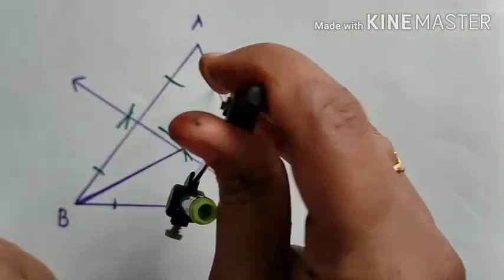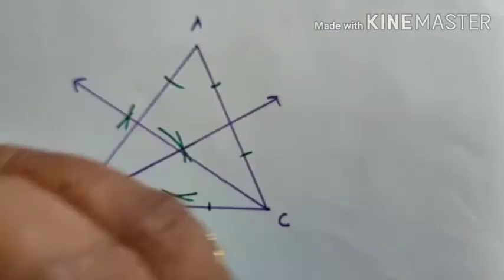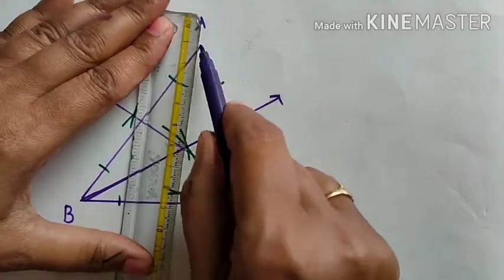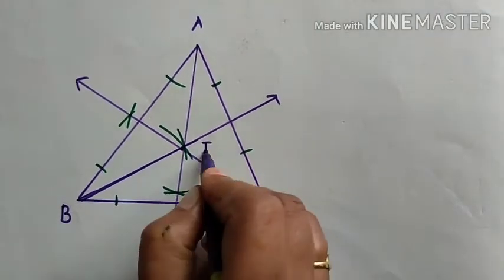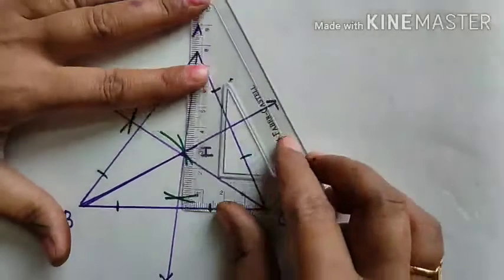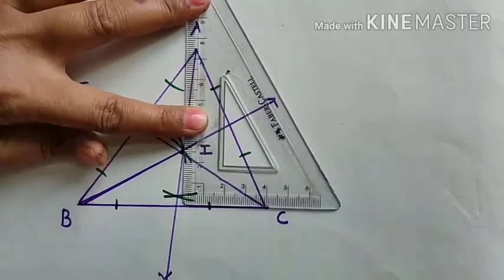Extend the bisectors if necessary so that they can intersect one another. You will find that these three bisectors pass through the same point, that is, they are concurrent. Name the point of concurrence I.